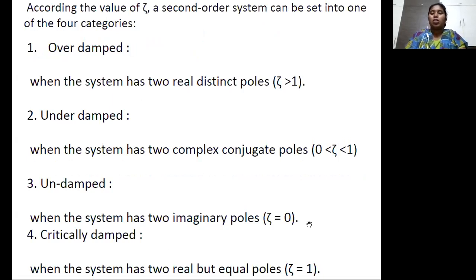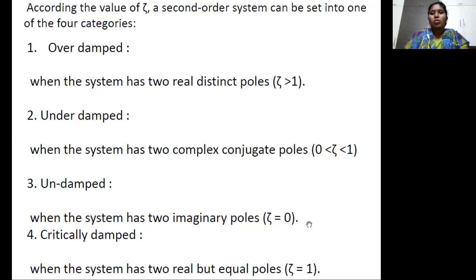Coming to the zeta classification, based on zeta we can consider the system in different types of damping. Based on zeta, a second order system can be put into four categories: over damped, under damped, undamped and critically damped.